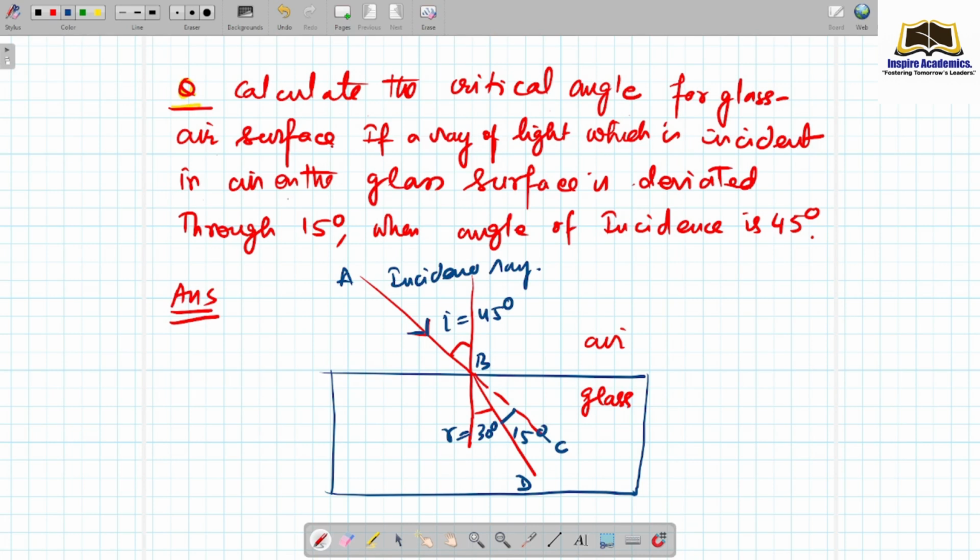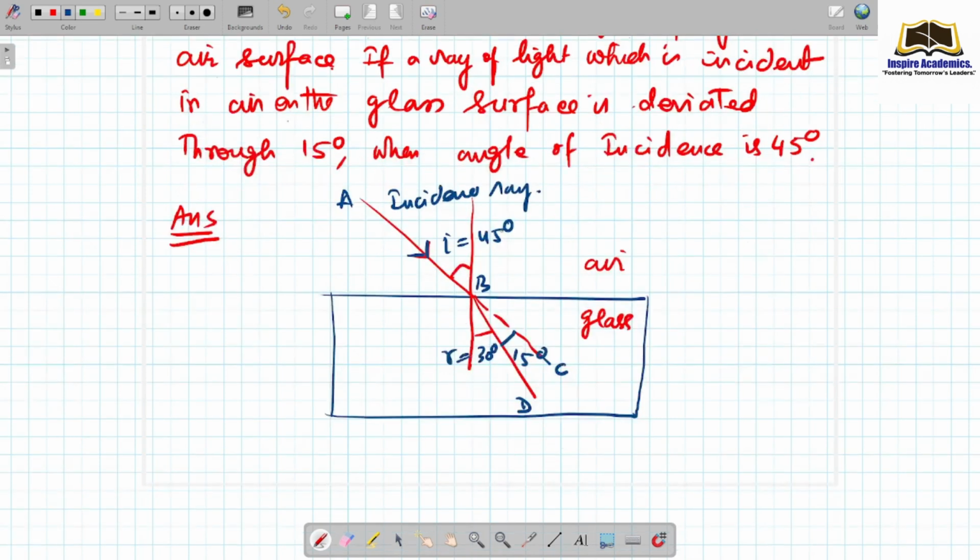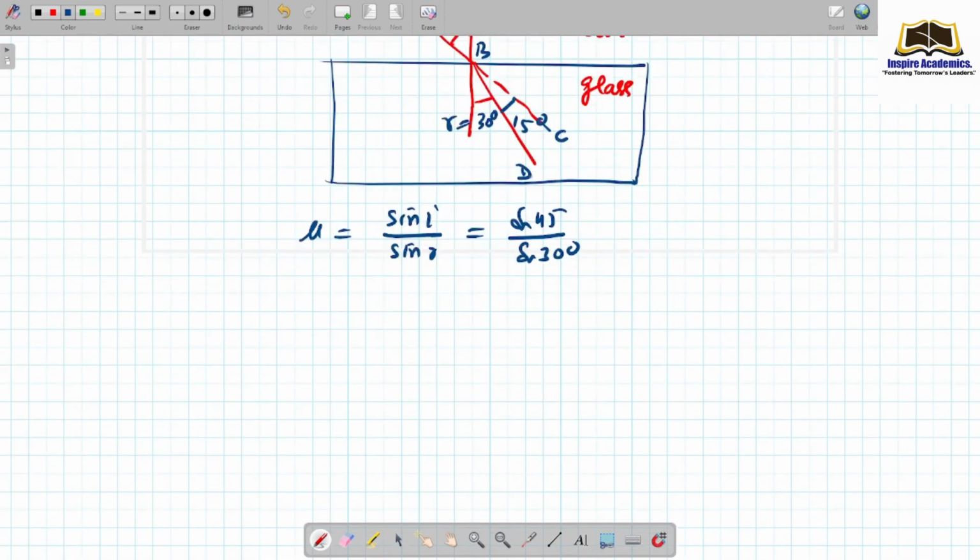So how do you calculate now? What will be your mu? Mu will be sin I upon sin R, which is sin 45 upon sin 30°. Got it? So what is my mu? Mu is √2, because this is 1 upon √2 upon 1 upon 2, which is 2 upon √2, which is simply √2.